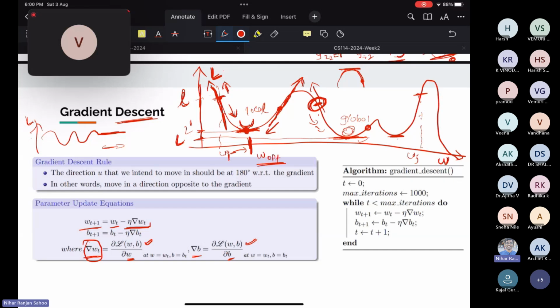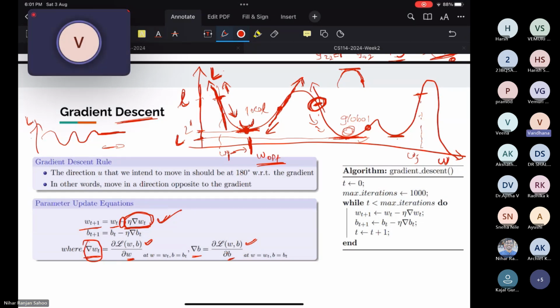To know the value of W optimal, we need to know how much change we have to make every time. Without differentiation, we cannot find how much change we have to make. Once we have found how much change to make, we have to make the change also. That making of change is being represented by this minus here, and how much change is represented by delta W. There are just two mathematical components here: how much change we have to make, and then performing the change.